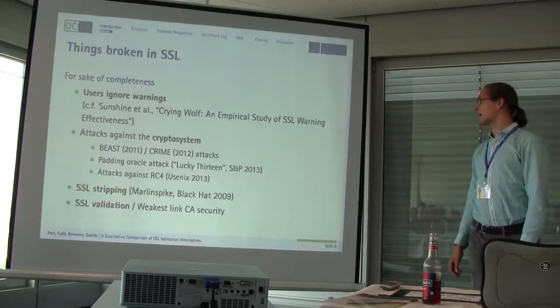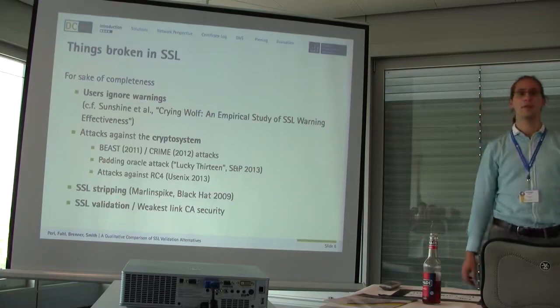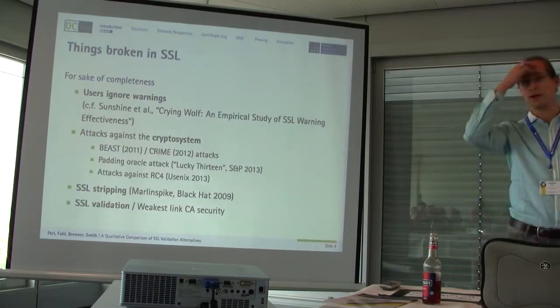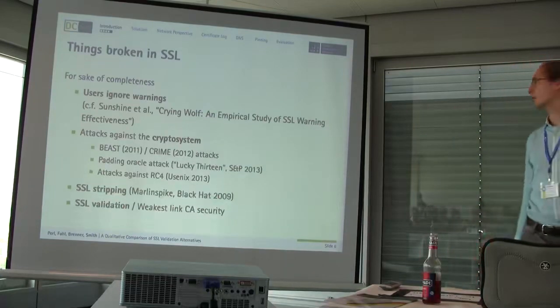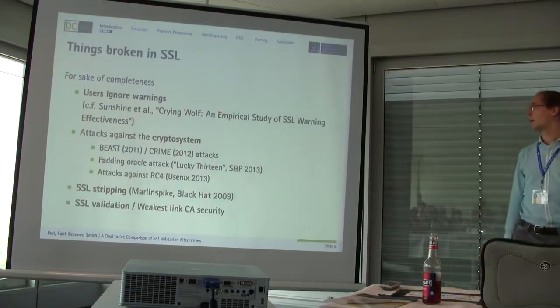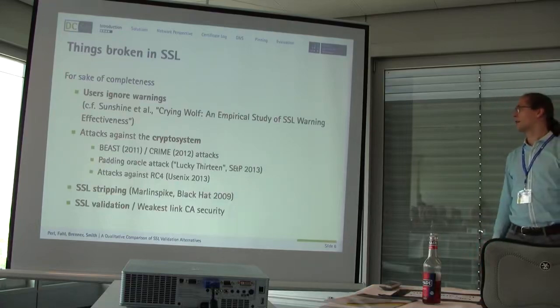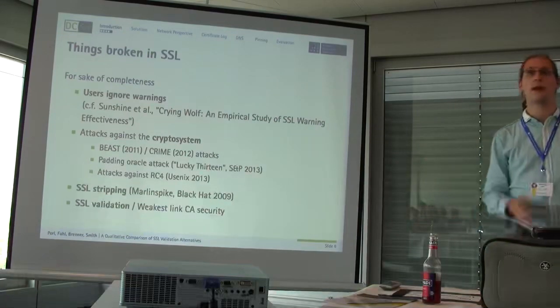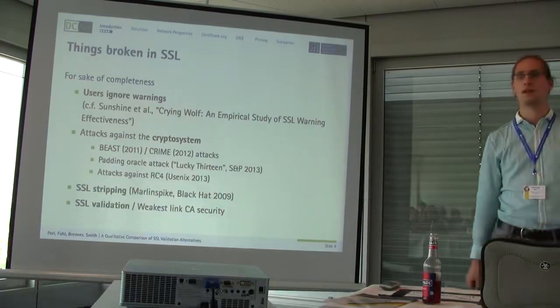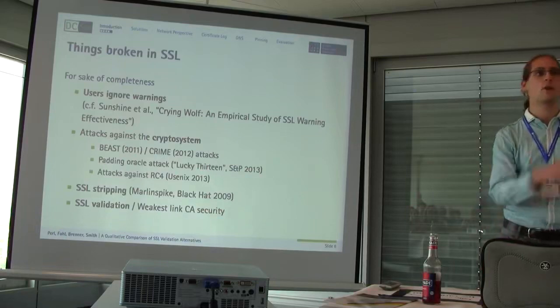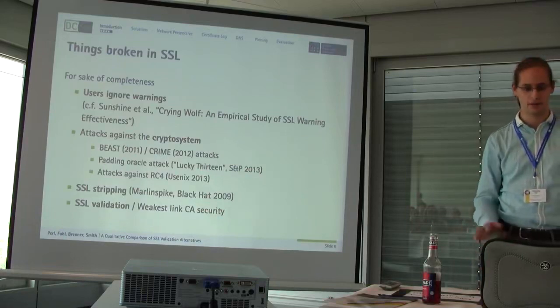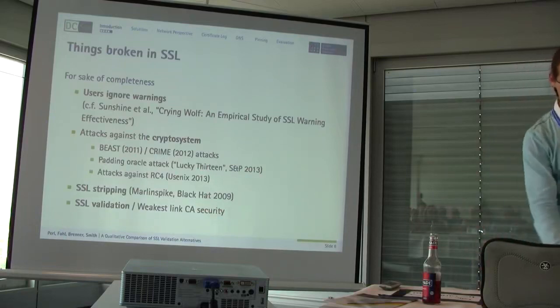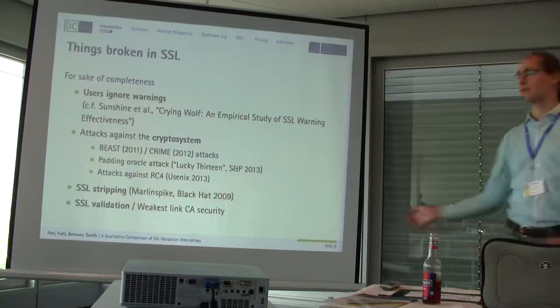There was a very recent paper at USENIX in Washington 1 week ago, where they analyzed click-through rates, where people just click away certificate warnings, and it was around 30% of users just clicking through warnings.